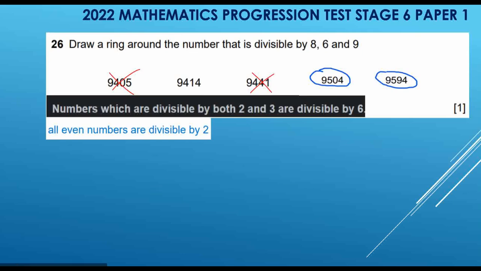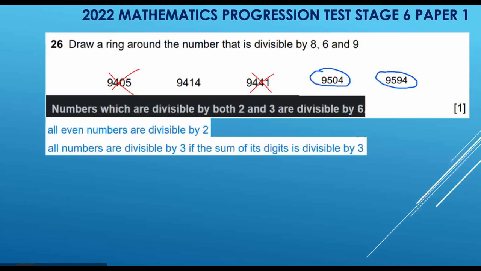Now we cross out the odd numbers because they are surely not divisible by 2 and also not divisible by 6. Next, a number is divisible by 3 if the sum of its digits is divisible by 3. Now we have 3 more options. How to check if these 3 numbers are divisible by 3? We count the sum of their digits: 9 plus 4 plus 1 plus 4 equals 18. 18 is divisible by 3.